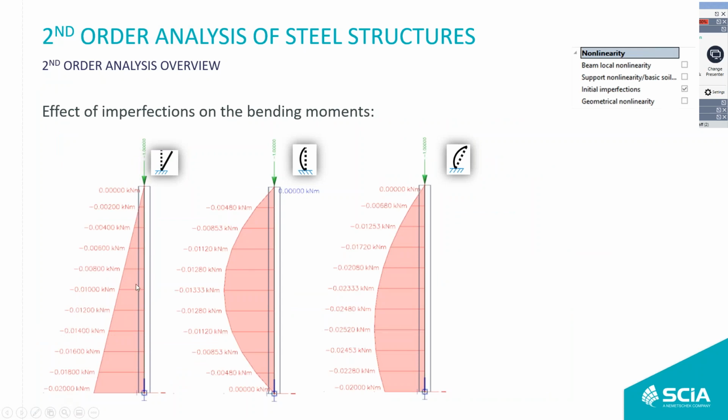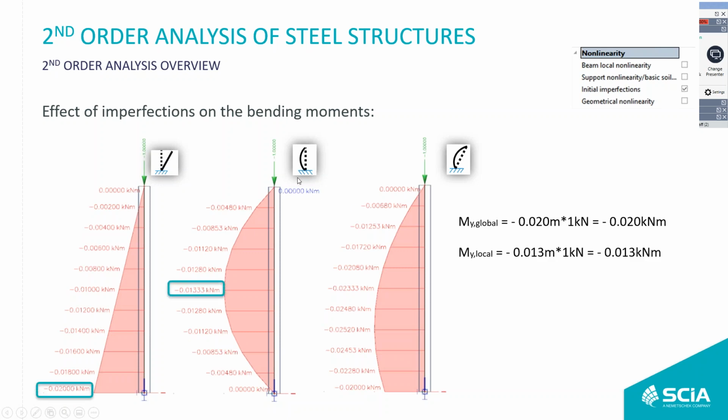This is that 20 millimeter for your global imperfection. It gives you this bending moment at the foot. Your bow imperfection of 13.33 millimeters will give you this bending moment. If you combine them both, you will get at the foot 0.02. In the middle, you just have to add them up, so you get 0.023 kilonewton meters.